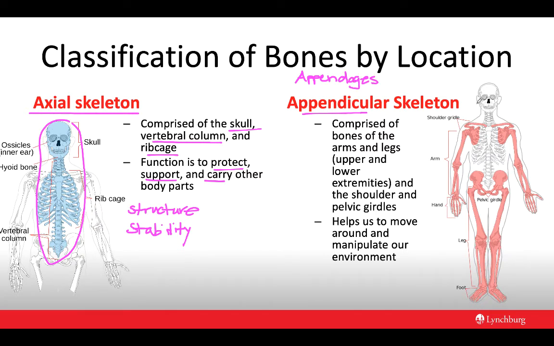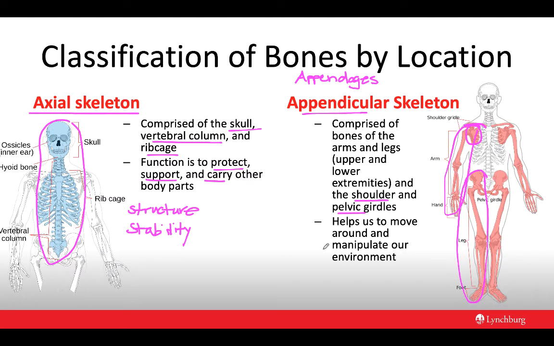So we've got arms, and then we've got legs, and those are part of our appendicular skeleton. These also include the shoulder and the pelvic girdles, so the clavicle or collarbone, and your scapula or shoulder blade are also included in this as well.